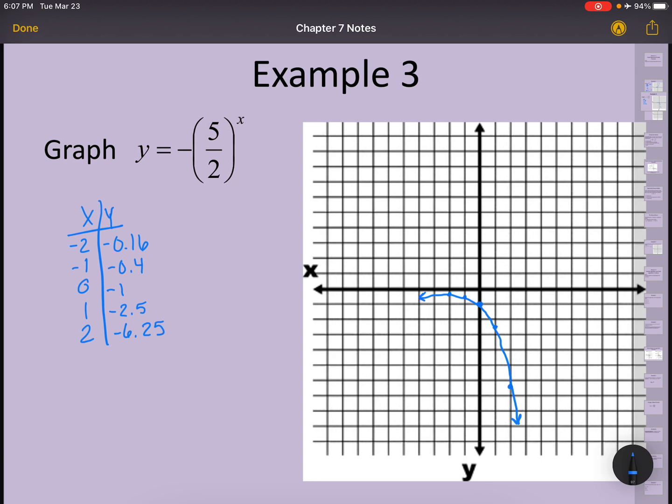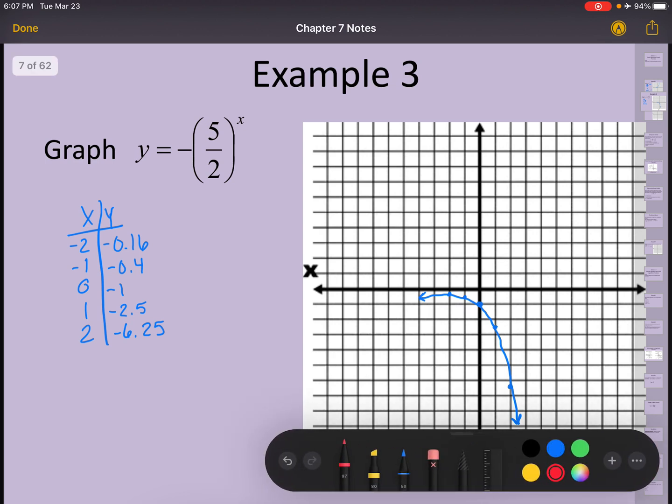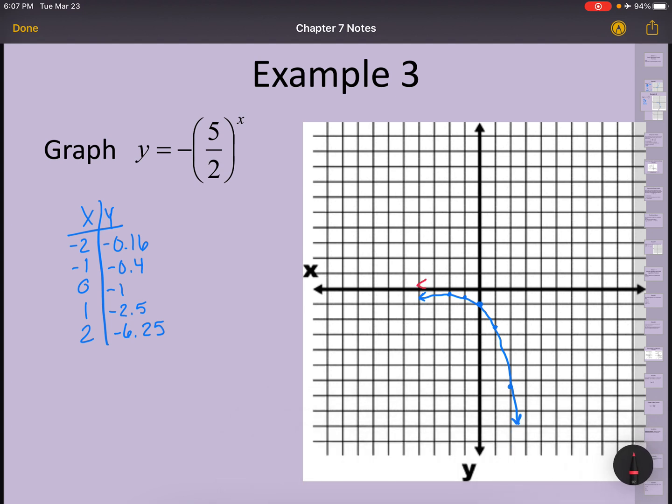Okay, this one's reflected. But it's still growth, because if we had it not reflected, normally it would look like this. So it's still growth. But the reason it's upside down is because of this negative sign to begin with, which flipped it over the x-axis.